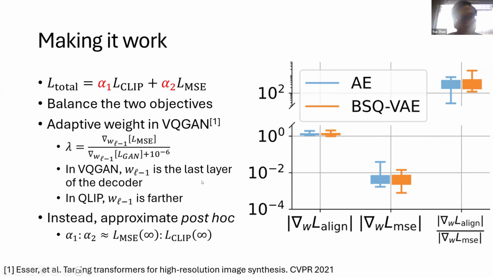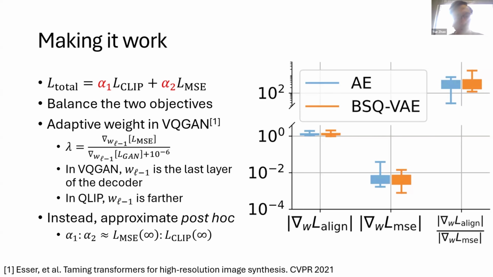So in VQGAN, they have an adaptive weighted term to tune this. But this is expensive in our case, because the last common layer in VQGAN is simply the last layer of the decoder, while in QLIP, the last common layer of these two losses is much farther than the last layer of the decoder. Actually, it's the last layer of the encoder.